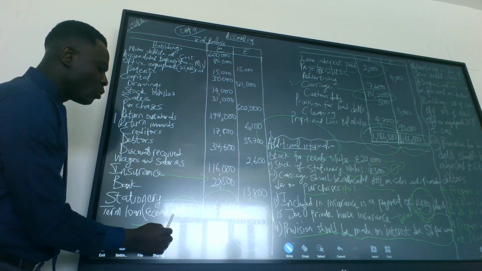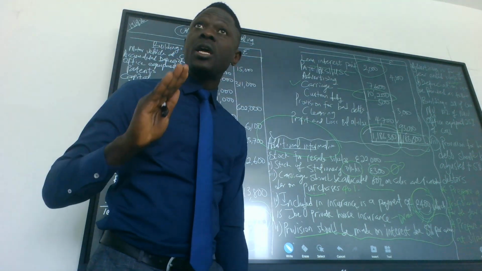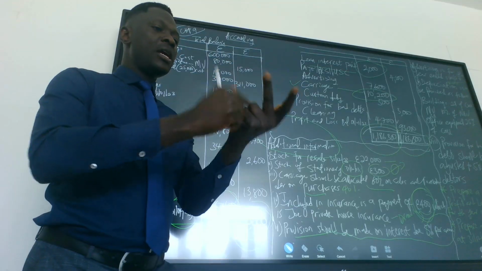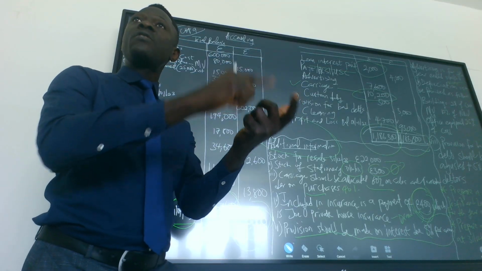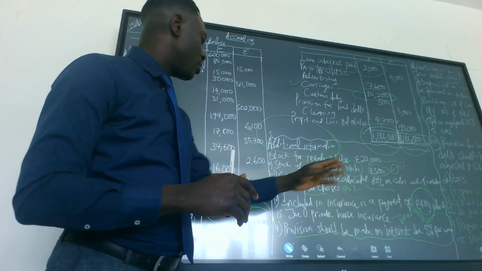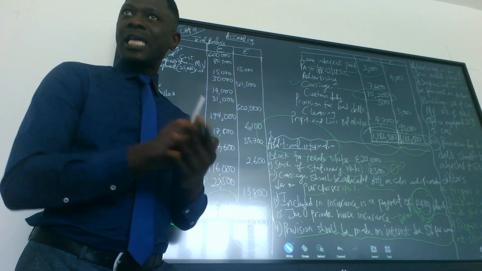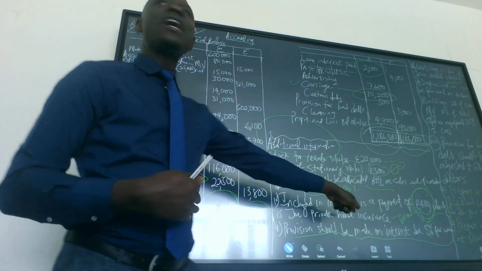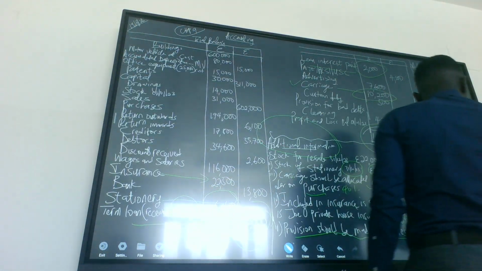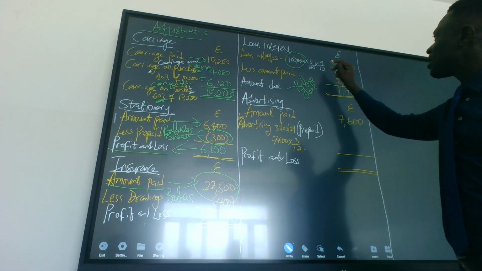The accounting year ends 31/12/23. April, May, June, July, August, September, October, November, December. 9 months. Yes or no? So out of 12 months, 9 months of interest has to be paid, at 5%. So 100,000 was taken, 5% for 9 months.